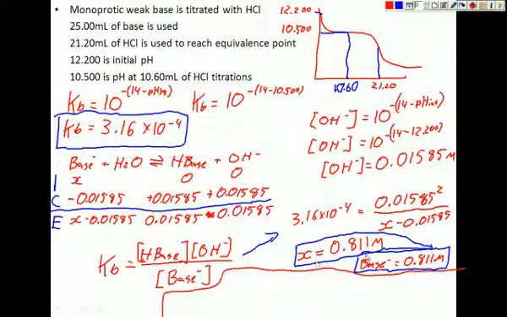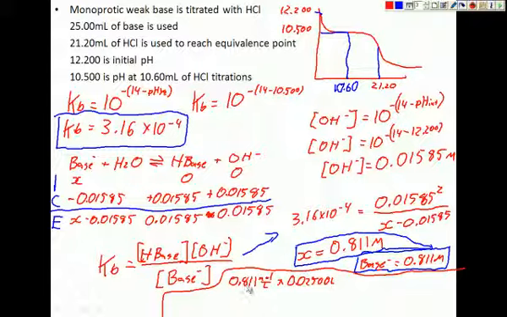Okay, so here it is. If this is my base, and it's a 1-to-1 ratio, because it's monoprotic, and HCl is monoprotic as well, so it's going to be 1-to-1. I'm going to take my base, which is 0.811 moles per liter, and multiply it by the volume of my base, 25 milliliters, or in other words, 0.02500 liters.